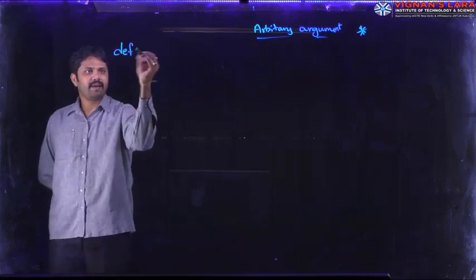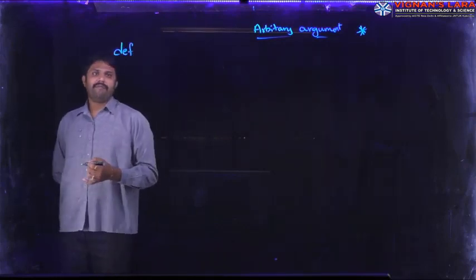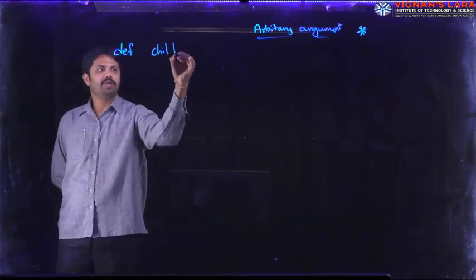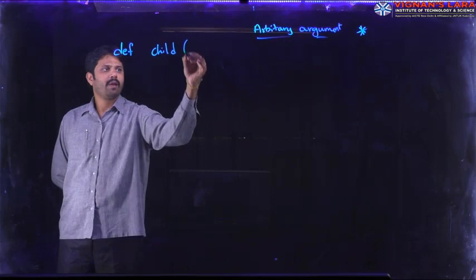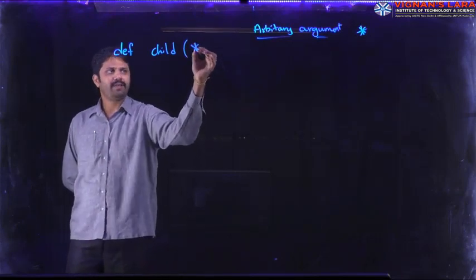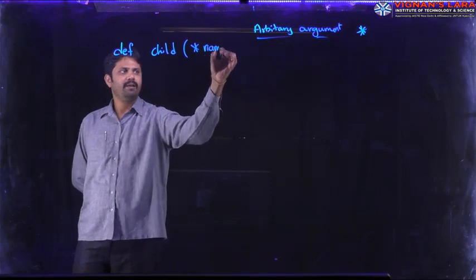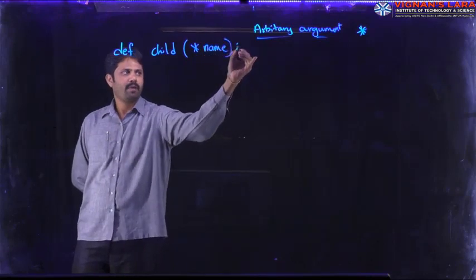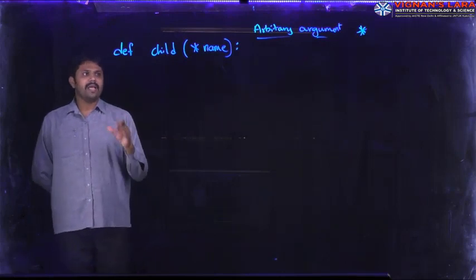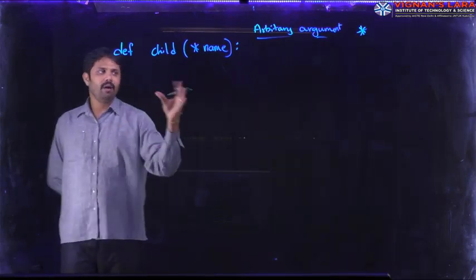Let us take a function def, my function name is child. In that I write star name. This syntax is not available in the C programming language. This is in Python only.